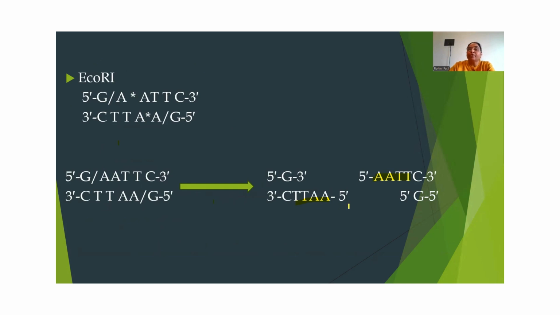That's why it is called a 5' overhang. If such an overhang is present over the 3' end, then it is called a 3' overhang, or 3' sticky ends, or 3' cohesive end.